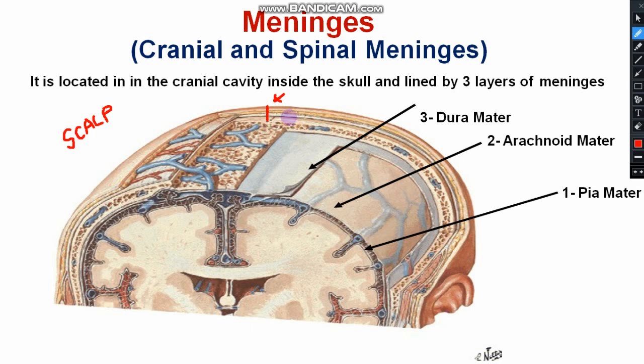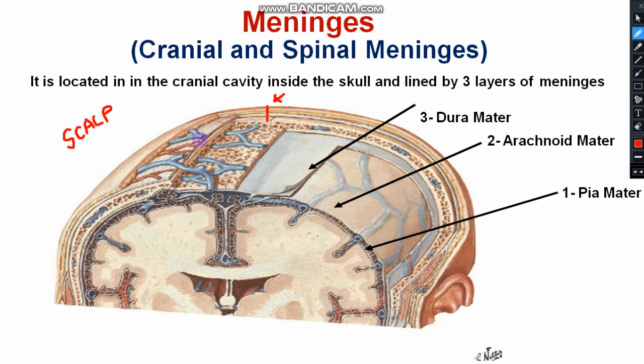Then the next layer is loose aponeurotic tissue. Then this one is a little bit denser, the aponeurosis, galea aponeurotica or epicranial aponeurosis.